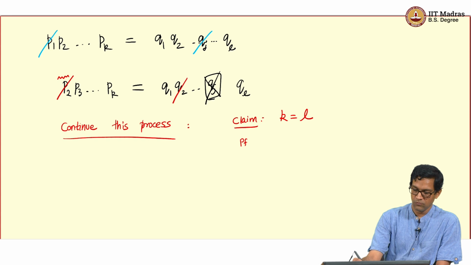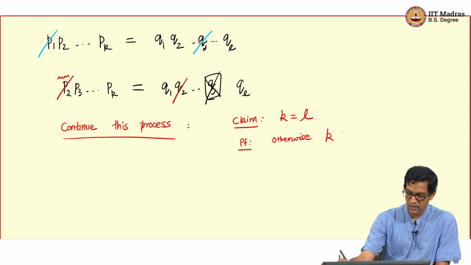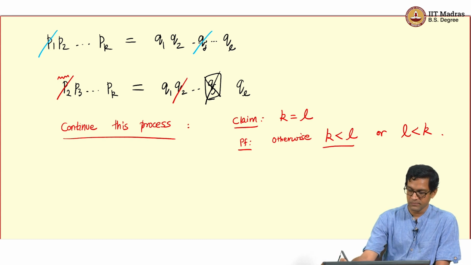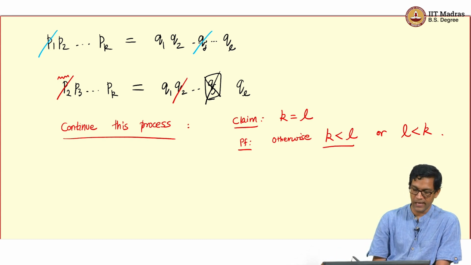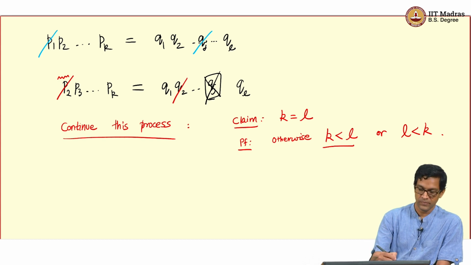Okay. What are the other possibilities? Otherwise k is either strictly smaller than l or l is strictly smaller than k. These are the only three possibilities I have, okay. So, let us look at one of them. Suppose k were strictly smaller than l, then what would have happened? I would have kept doing this process at every step, finding one thing on the left which would cancel off something on the right, okay, and I would have cancelled all of these.